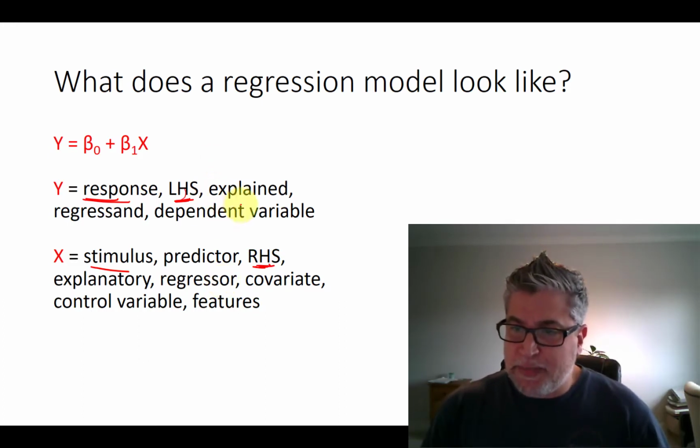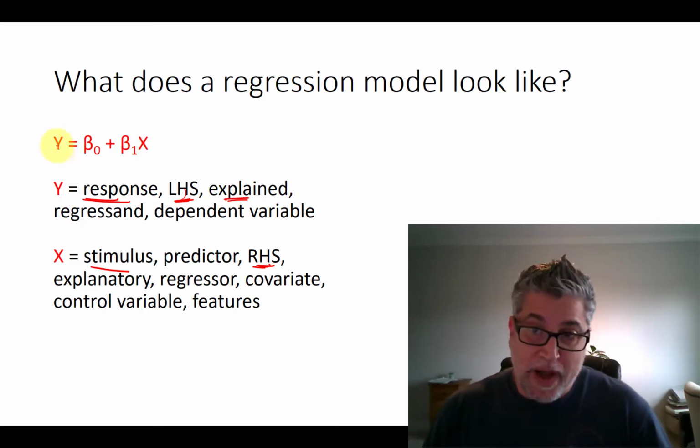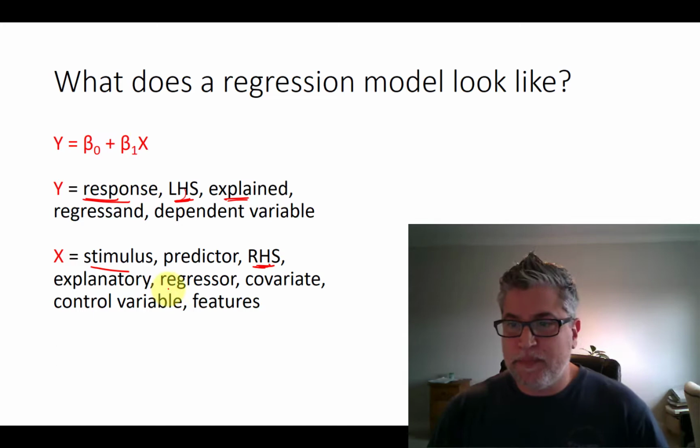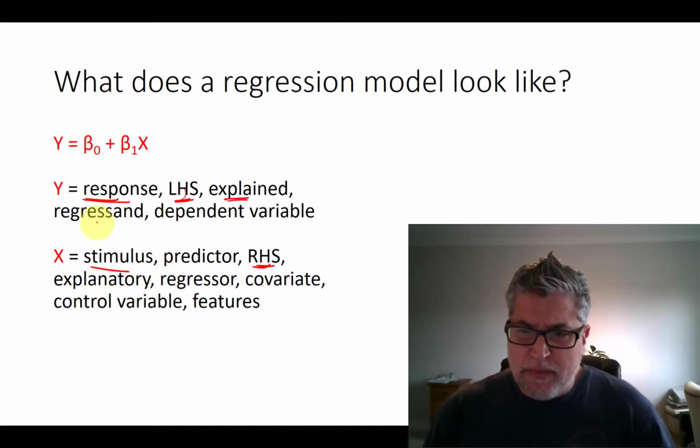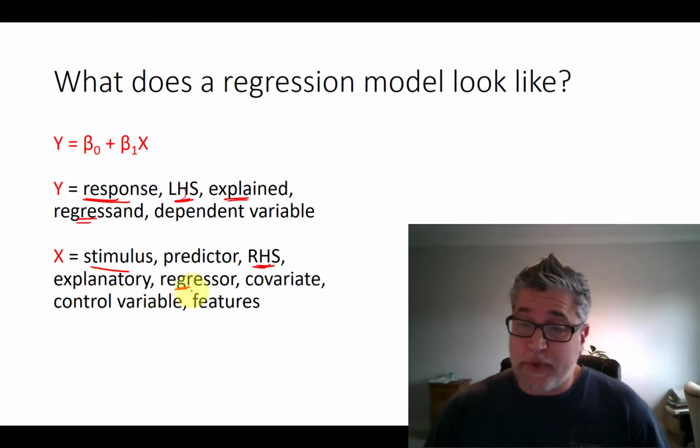Some call it explained variable. That's what we're trying to figure out, how x causes y, so y is explained by x. Fancy folks talk about regressands and regressors. That language is kind of falling out of fashion because it's really snooty.